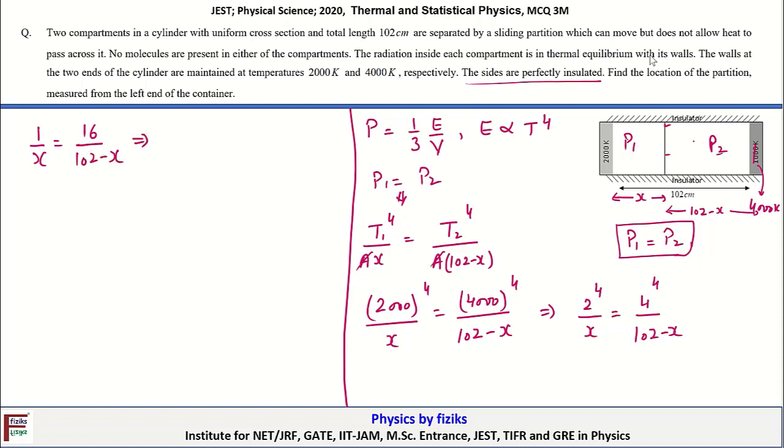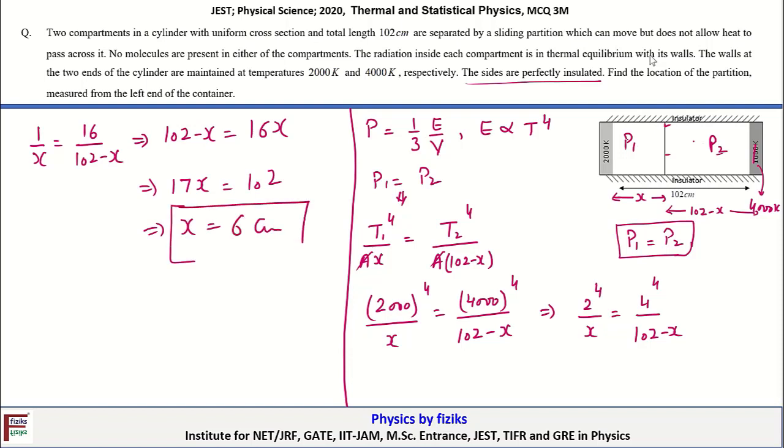This implies 102 minus x equals 16x, and upon further solving, 17x is equal to 102, and therefore x is equal to 6 centimeter. So when the partition is at x equal to 6 centimeter, it will stop moving. This is the final answer.